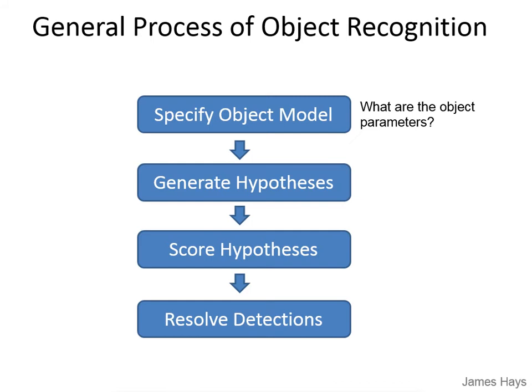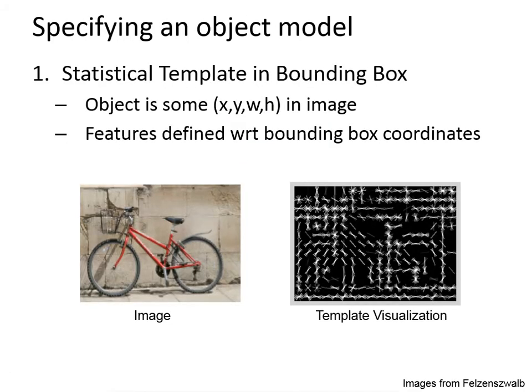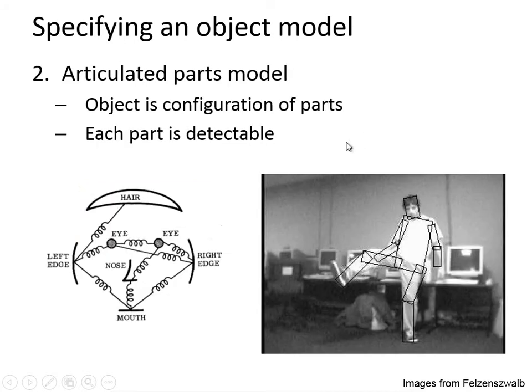And this is just a general process to do object recognition, actually object detection, I should say. So first of all, you need to specify the model. Model-wise, for example, like we did HOG before, we can have HOG features as the model, or we can have a part model for detecting different parts and then trying to link them together.